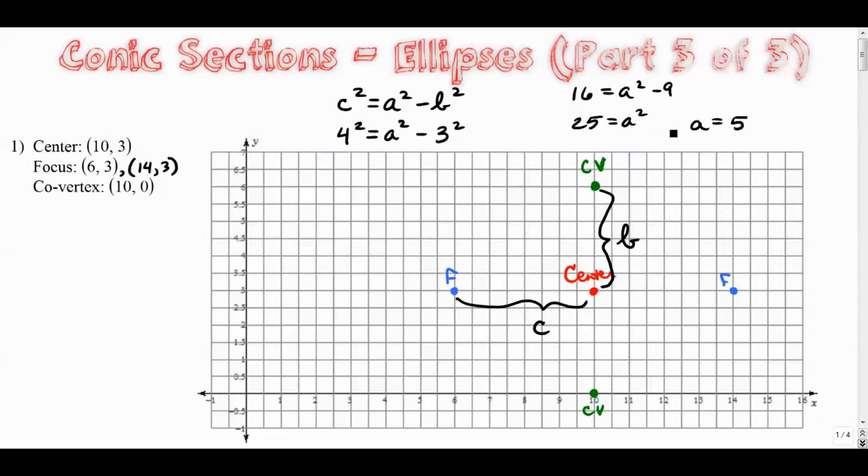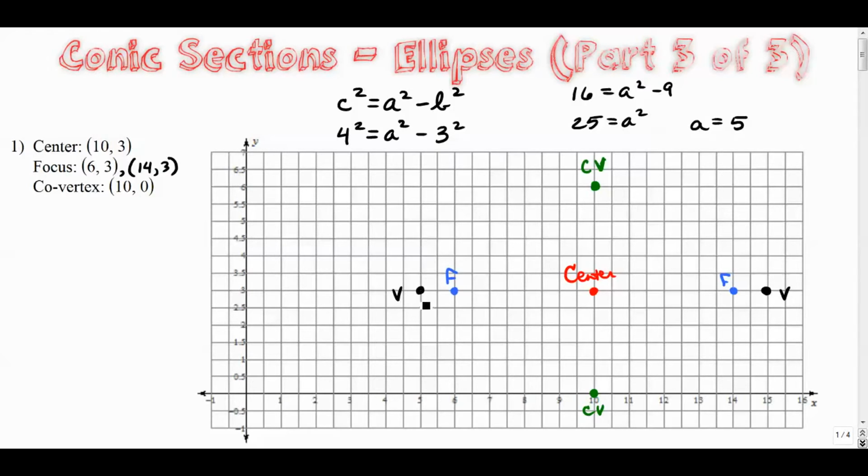Now what that represents in our diagram in an ellipse, little a is the distance between the center and one of the vertices. So from 10 to 15, that's going to be one of our vertices. And over here will be the other one.